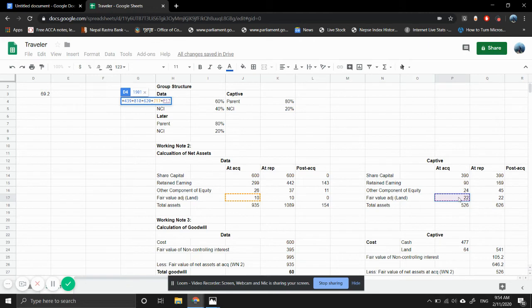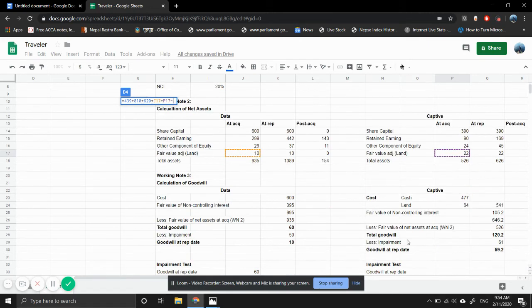After that, this land should be subtracted, but it will not be 64 but 56.